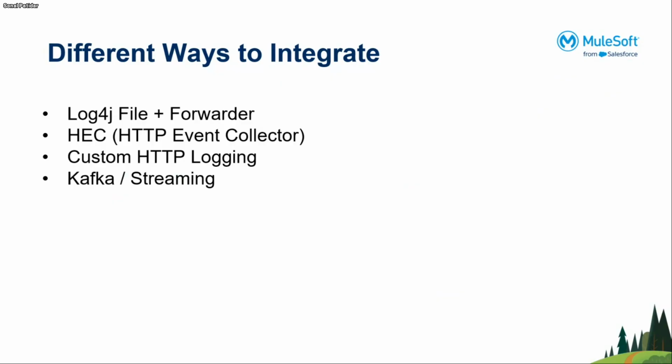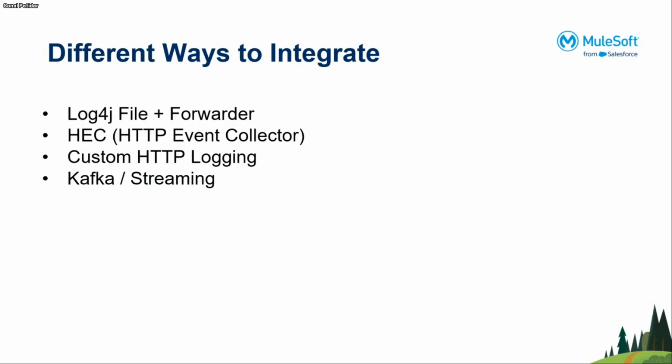And next are custom HTTP logging and Kafka or streaming. First we will discuss log4j file plus forwarder. In this approach, Mule writes logs into files and a Splunk forwarder reads those files and sends logs to Splunk. This one is a simple setup, but it is not fully real time.